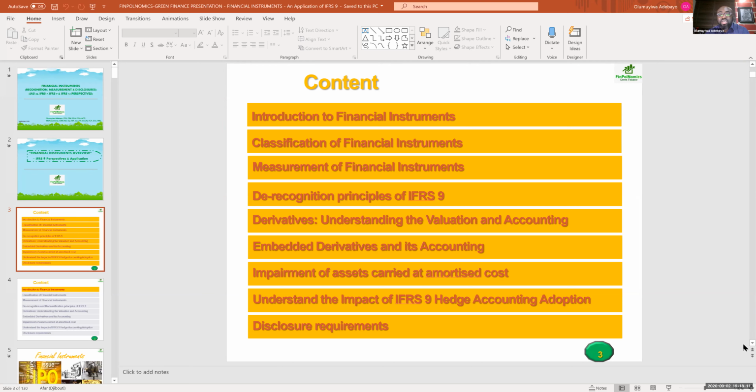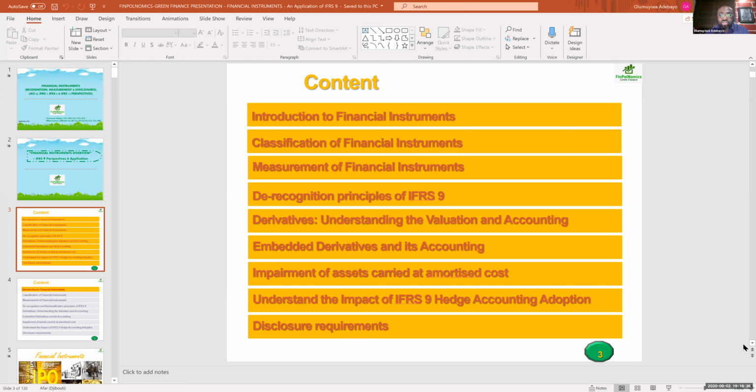We'll look at measurement of financial instruments. We'll look at the basic principles of recognition. We'll look at derivatives, trying to understand derivative rules and how they are valued and accounted for. Furthermore, we'll talk briefly on embedded derivatives and their accounting.